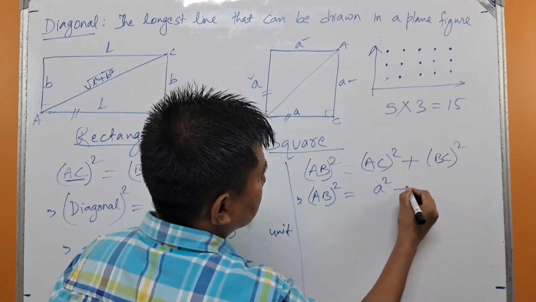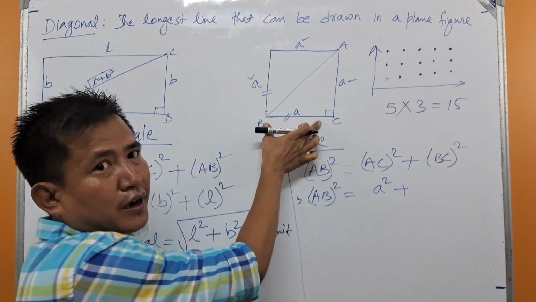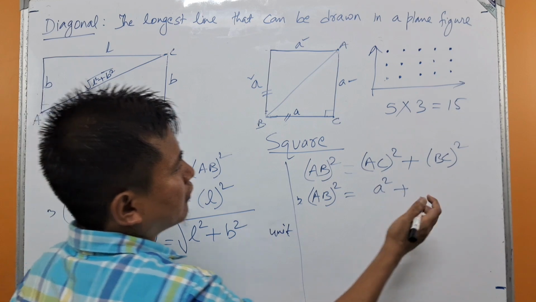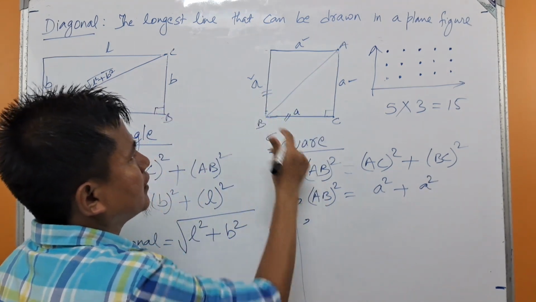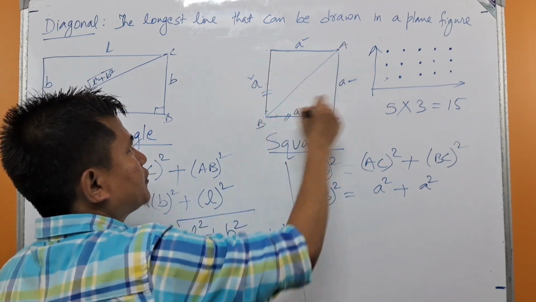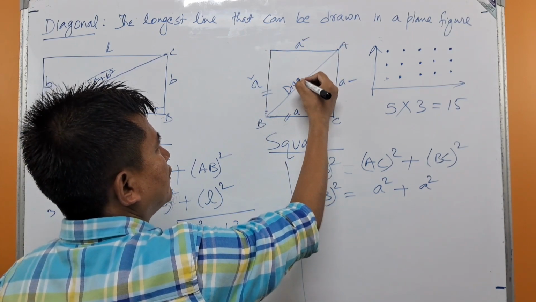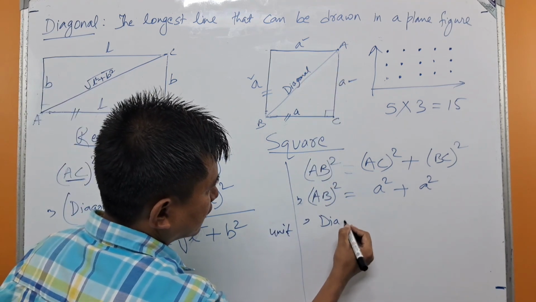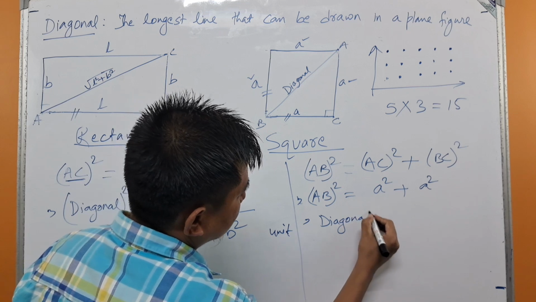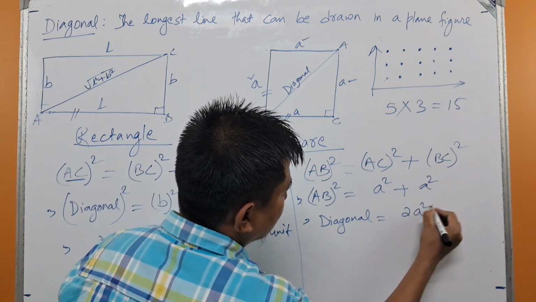So A square plus BC square. BC is also A because this is a square, so all sides must be equal. So this is again A square. Or AB means, AB is the length of the diagonal of this square, isn't it? This is diagonal, this is diagonal, AB is diagonal. So diagonal square equal to A square plus A square is 2A square, isn't it?